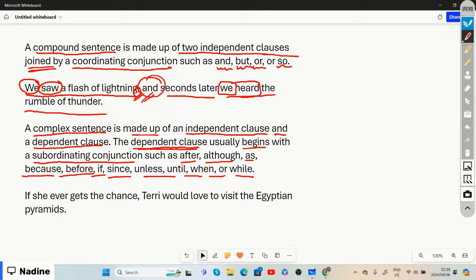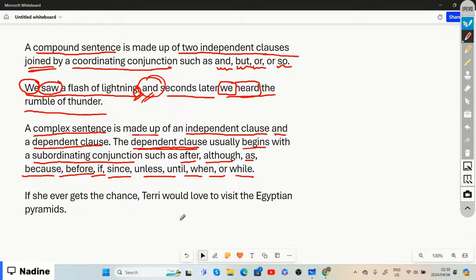All right, so now if we look at a complex sentence, where it has both an independent clause as well as a dependent clause, it says, if she ever gets the chance, Terry would love to visit the Egyptian pyramids.